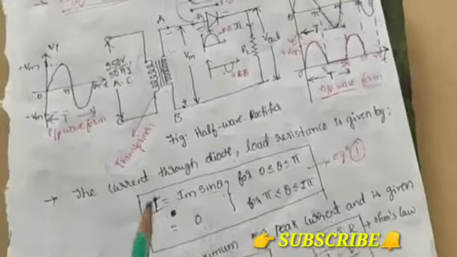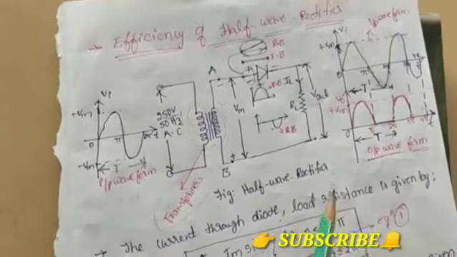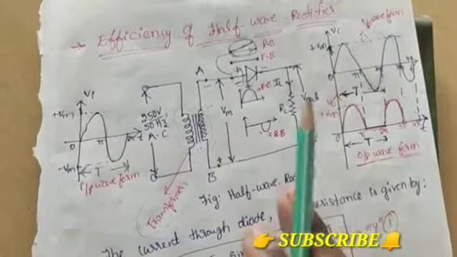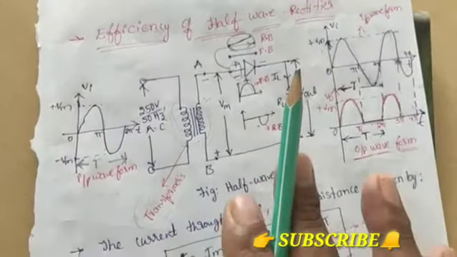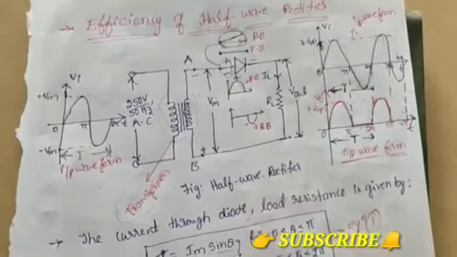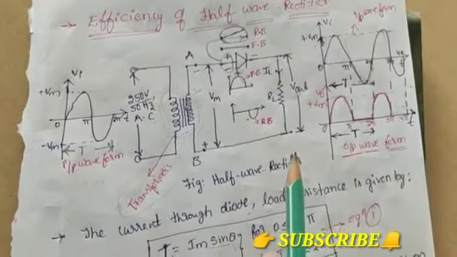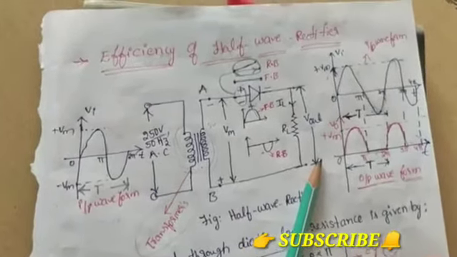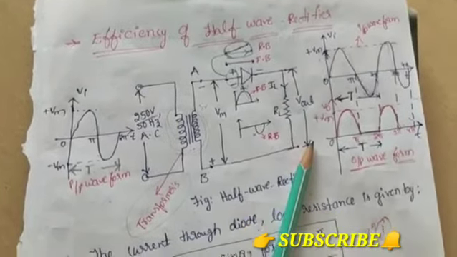That is the main characteristic of the half wave rectifier: we get only half the signal. Based on our requirements we can use this circuit. That is the main purpose of the half wave rectifier.